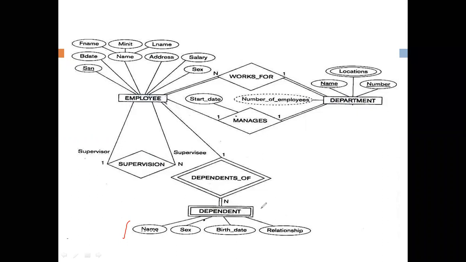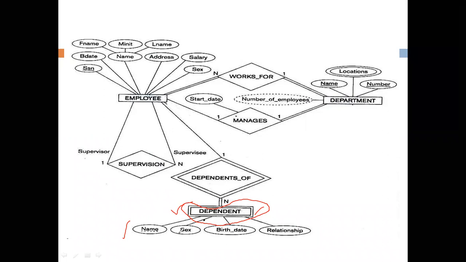If you observe this particular dependent, it is present inside a double rectangle. This indicates it is a weak entity type. In yesterday's class we studied weak entity types. An entity is said to be weak if and only if its existence depends on its participation in a relationship.